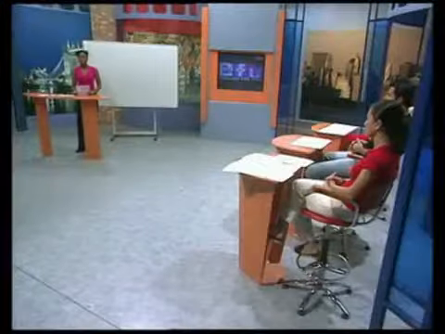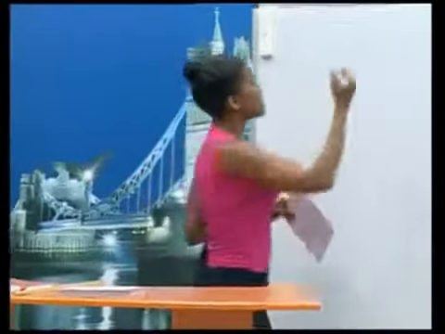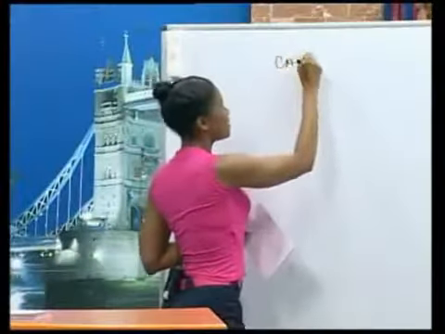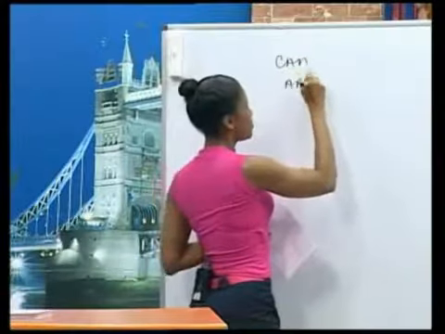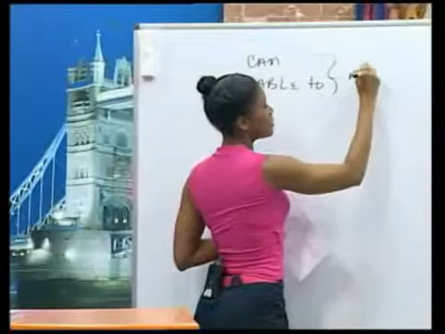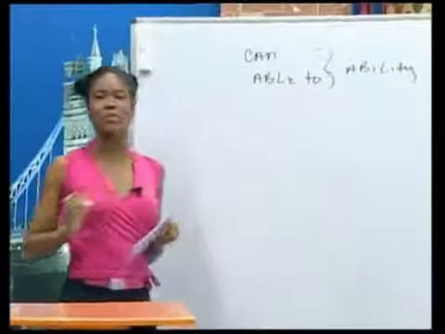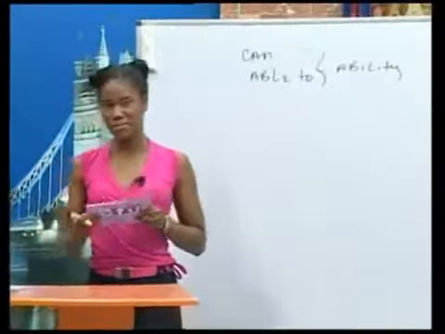Hello everyone. Today we are going to review can and able to for ability. So can and able to both express ability. We will also review the present continuous tense.